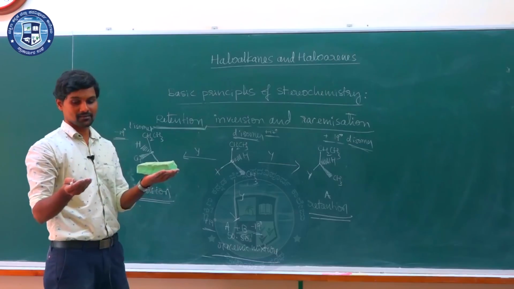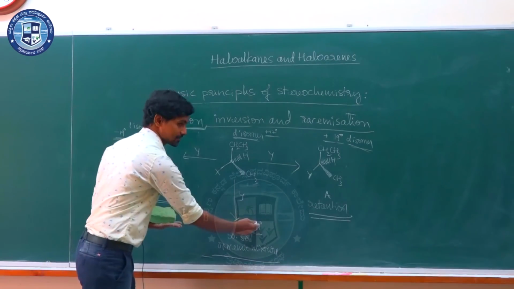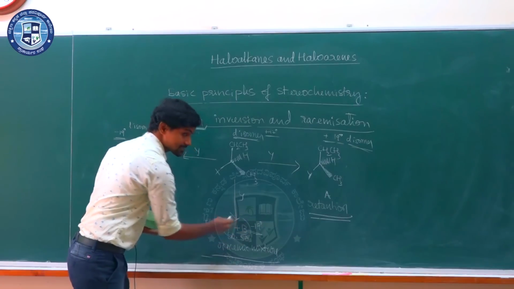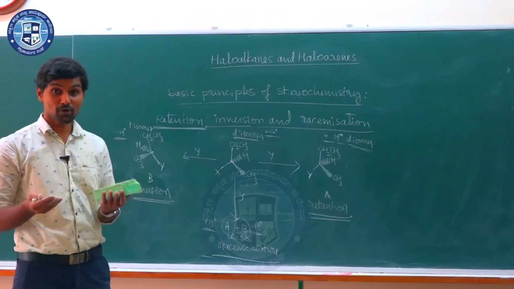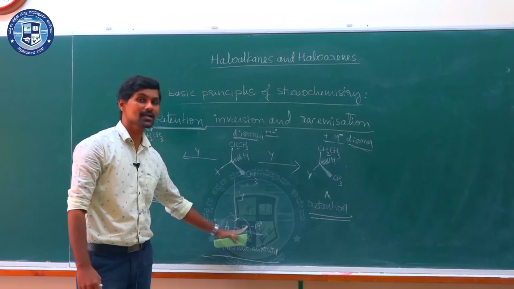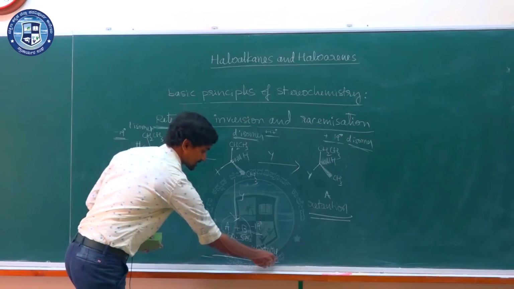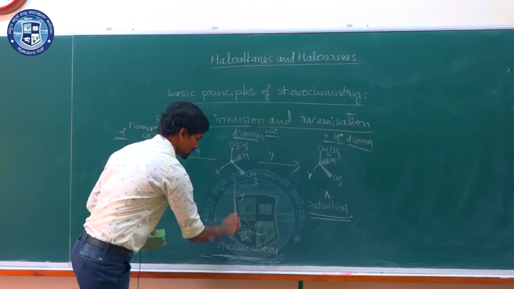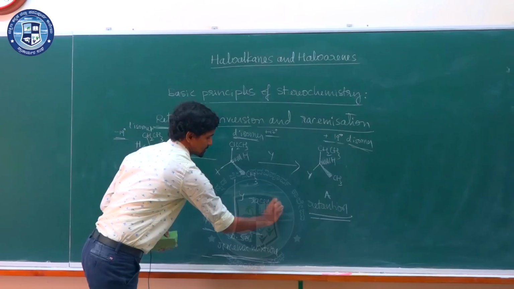The magnitude of optical rotation is exactly equal, but only the direction is different, and this mixture contains equimolar quantity of D and L isomer of the same compound, and that is a racemic mixture. Therefore, this process is known as racemization.